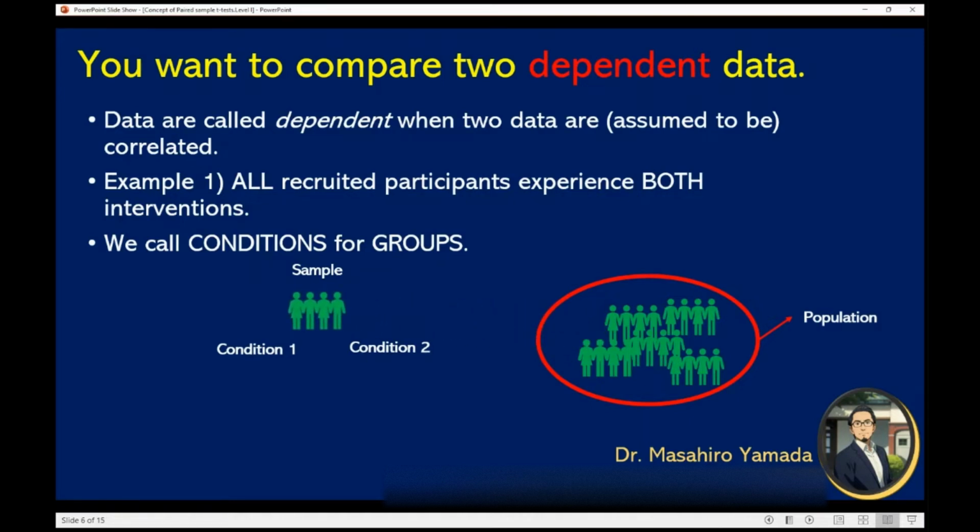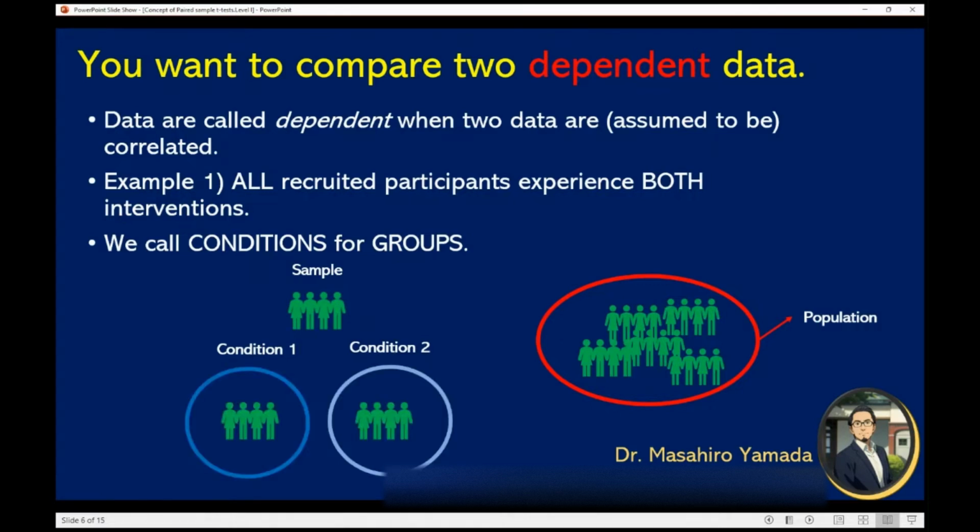So when we discussed an independent t-test case, you recruited participants and you have to split the participants into half, right? However, in a paired sample t-test situation, all participants you recruited will go through both interventions.